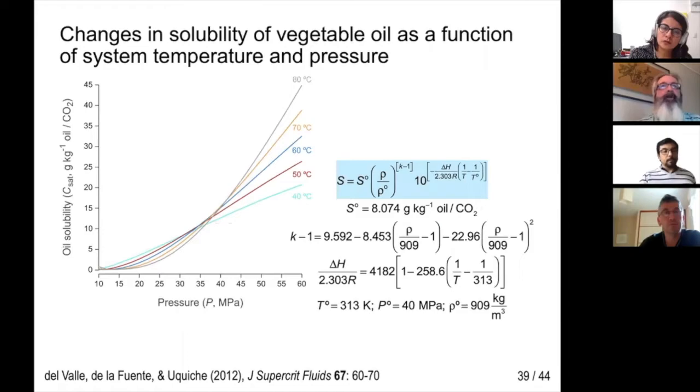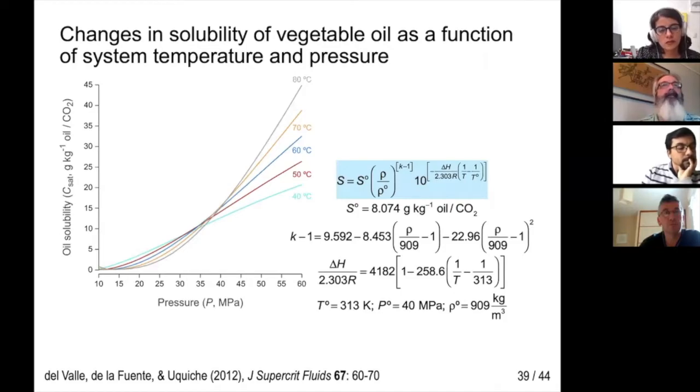This figure shows the variations in the solubility of vegetable oil in supercritical CO2 as a function of system temperature and pressure. To study the effect of temperature gradients on supercritical CO2 extraction of vegetable oils from a pretreated seed, we need to move away from the pressure crossover region, or about 300 bar in this case, where there is a limited effect due to the trade-off of solute volatility and CO2 solvent power.